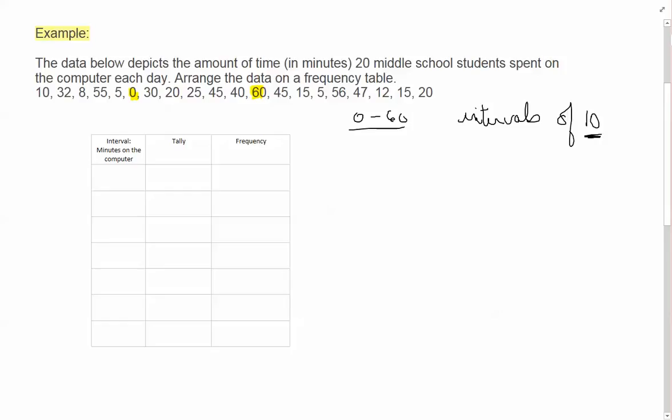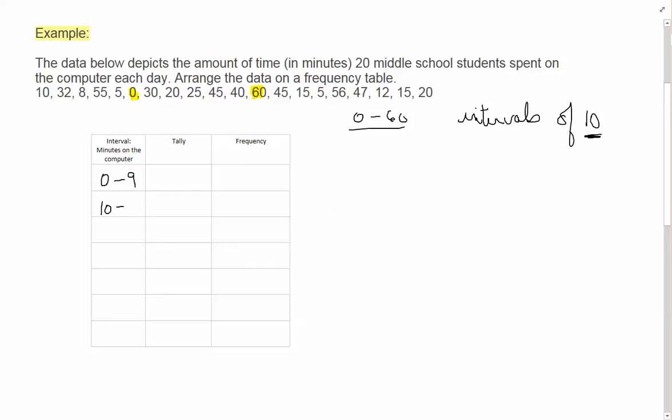Something like 6 or 7, not too many more than that. Maybe 10 would be the most intervals you'd want in a histogram. So always start at 0 and go to 9. If it's an interval of 10, you're starting at 0 to 9. That's a width of 10.